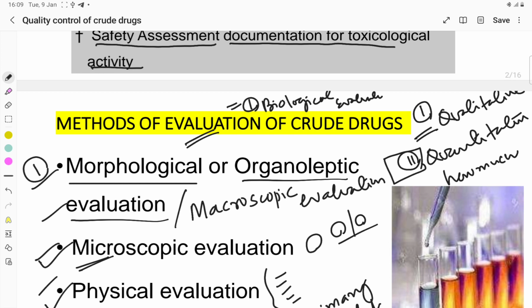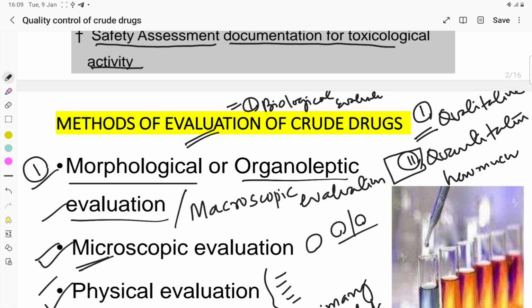Whenever some drugs cannot be evaluated morphologically, microscopically or chemically, then finally we can depend upon another evaluation called biological evaluation. Biological evaluation means you can evaluate the potency of the crude drug either on microorganisms like fungi and bacteria, or on an animal body, animal tissue or whole animal.